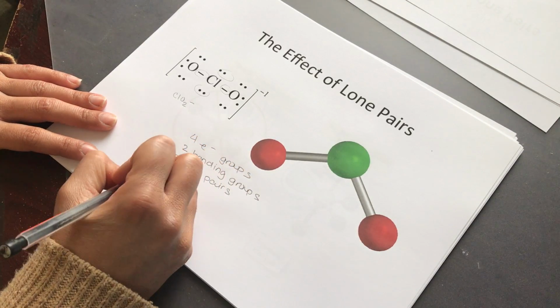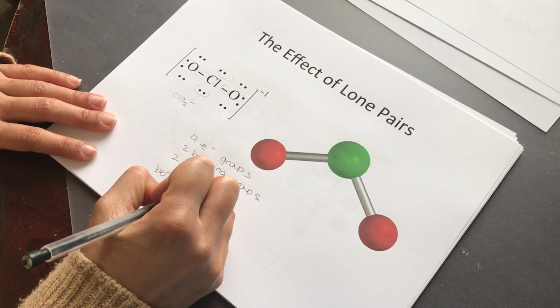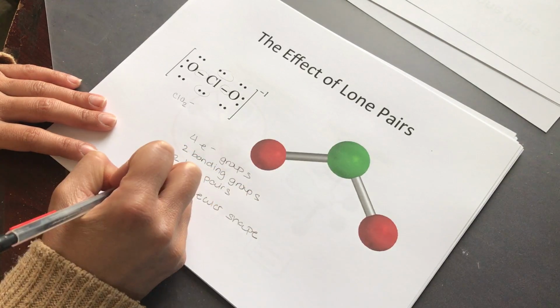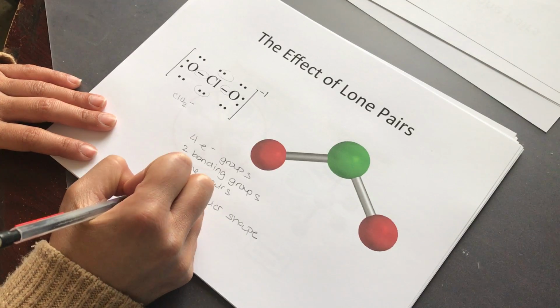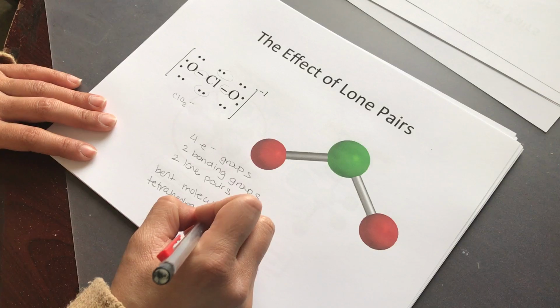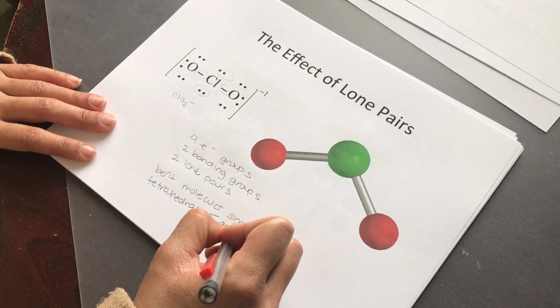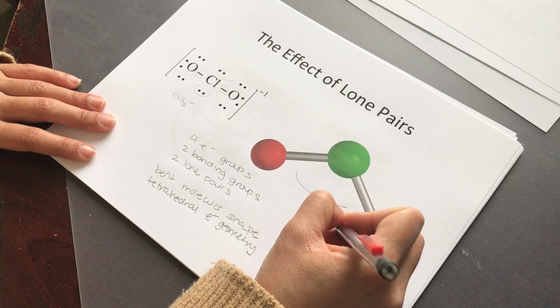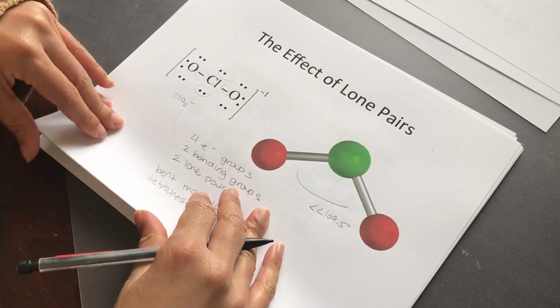Therefore, I create a bent molecular shape, or geometry, and a tetrahedral electron geometry. And my bond angle is less than 109.5 degrees. So that's just a summary of what we already learned.